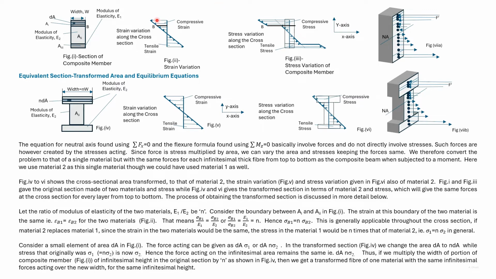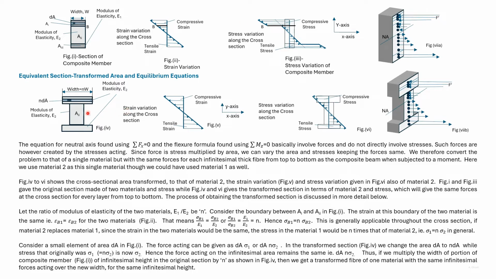Let us think of the composite member to be made up of fibers infinitesimally thick from top to bottom. Consider the fiber of which dA is a portion. Then the area of that fiber multiplied by sigma 1 gives a force F dash as shown here.